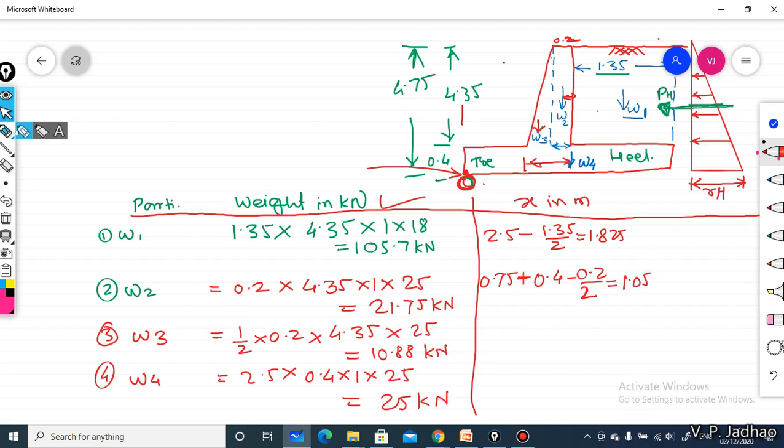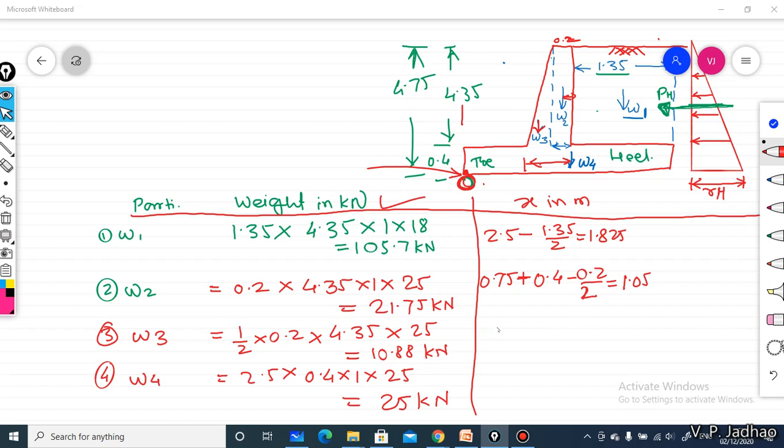Then we have to find the distance of W3, which is acting at some distance from point O. This will be the width of the toe projection plus the CG of action of W3.